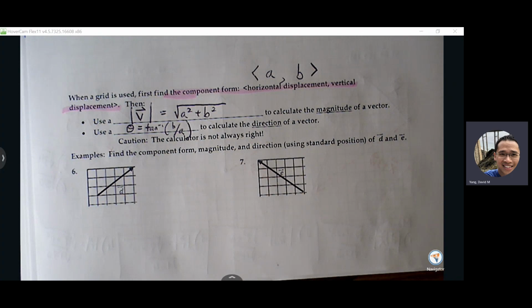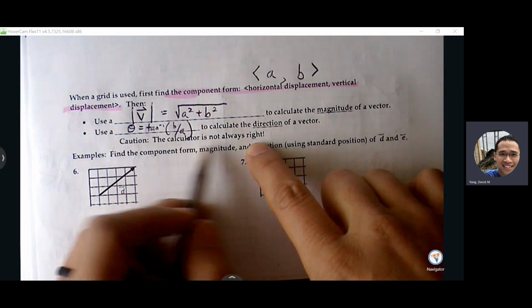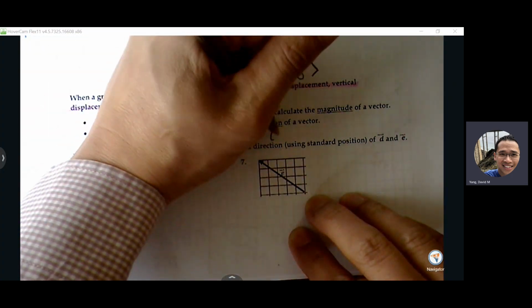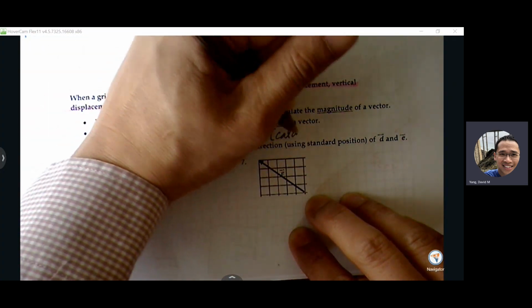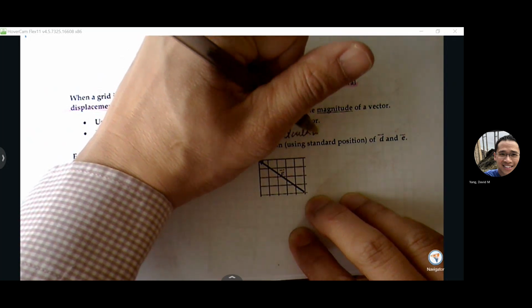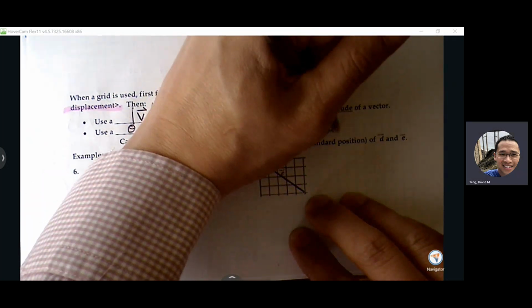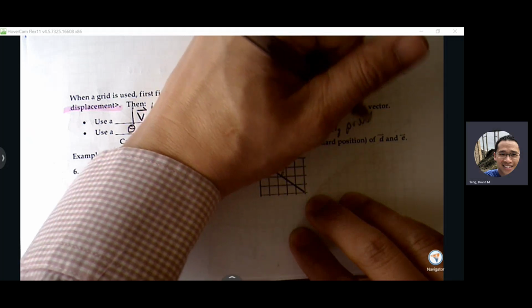The calculator will give you a reference angle, just like how we did in previous units. If we know that something's in the second, third, or fourth quadrant, we have to make an adjustment, right? Add or subtract from 180 or subtract from 360. That's why the calculator is not always right, because it only provides reference angles.